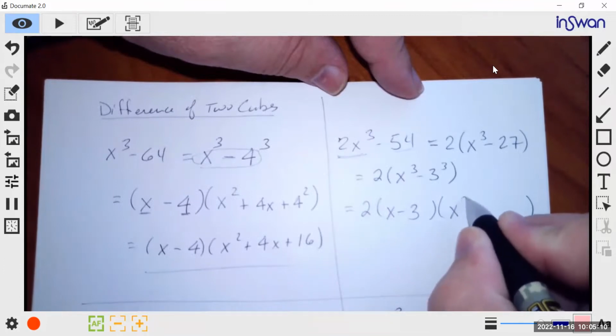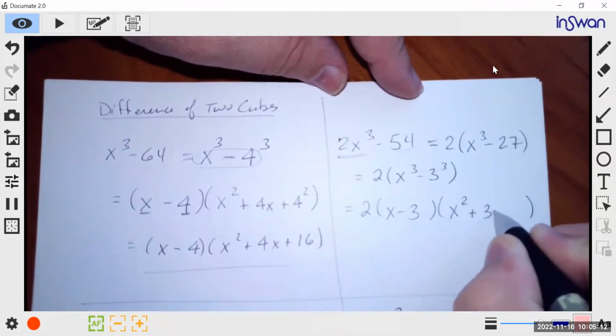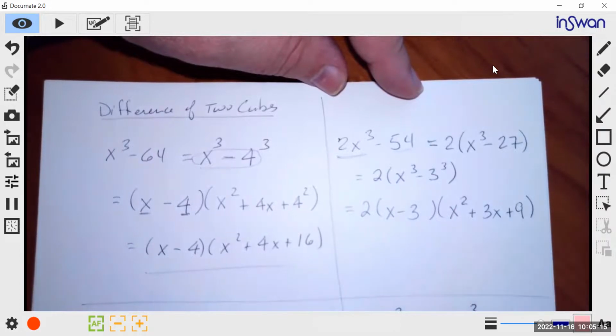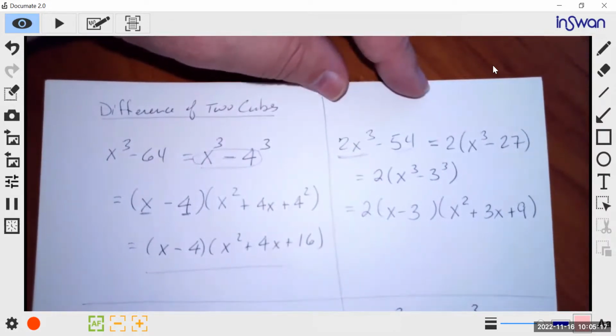And the second one is x squared plus 3x plus 9, 3 squared. And there's your answer.